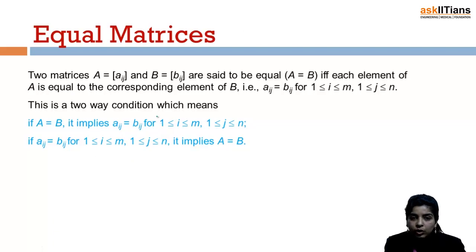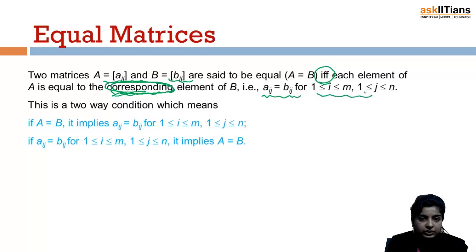Next we have equal matrices. Again, as the name suggests, two matrices A equal to Aij and B equal to Bij are said to be equal if and only if, this is a two-way condition, each element of A is equal to the corresponding element of B. This is an important term, you cannot miss out this term, corresponding element of B. That is, Aij is equal to Bij for every i and j, where i varies from 1 to m and j varies from 1 to n.